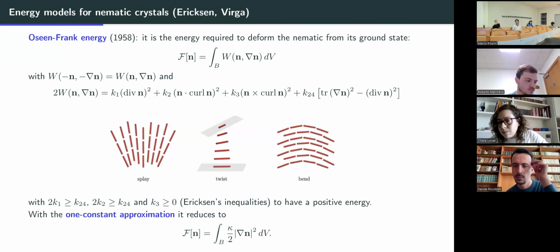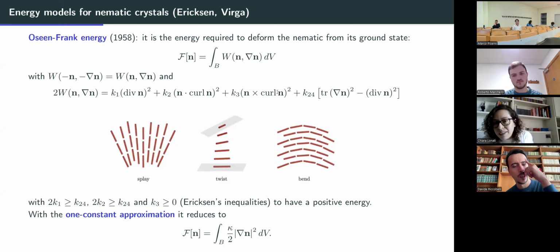It depends on the basic deformation that this type of crystal can undergo. And this would be another interesting thing because you should probably not consider the one-constant approximation. So there is a basic difference here. So probably the energy here is surely more complicated because you don't have this approximation. Okay, thank you.